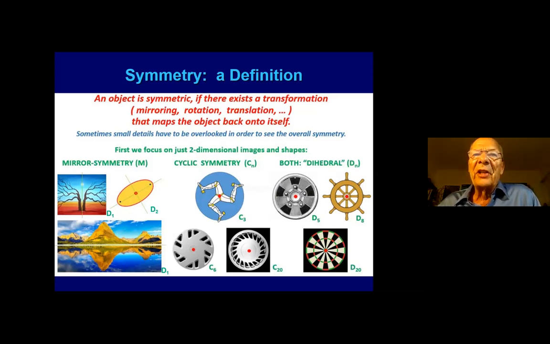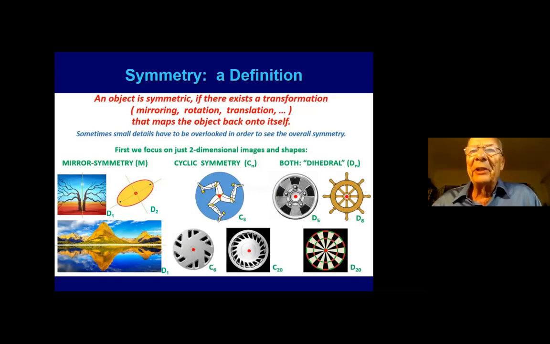On the far right are some dihedral, that means 2-headed rotational symmetries. Here you can not only rotate the pattern to bring it back onto itself, but you can also mirror it. The sub-indices now indicate that there are 5 or 8 or 20 individual mirror planes, respectively.